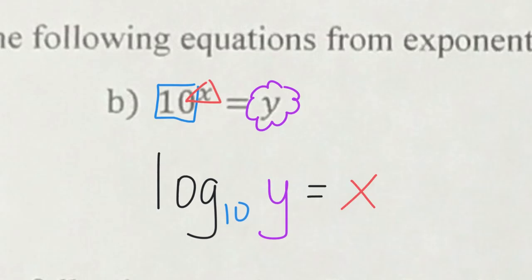And there's nothing that you have to do with that. You just leave it as it is. Log base 10 of y equals x. All we're doing is rewriting it as an exponential or a logarithm. Okay, so in practice, you're not going to see the 10 down there. It's just going to be log of y. Okay, and if you don't see a number as your base, you're always going to assume that it's a 10. Log base 10.